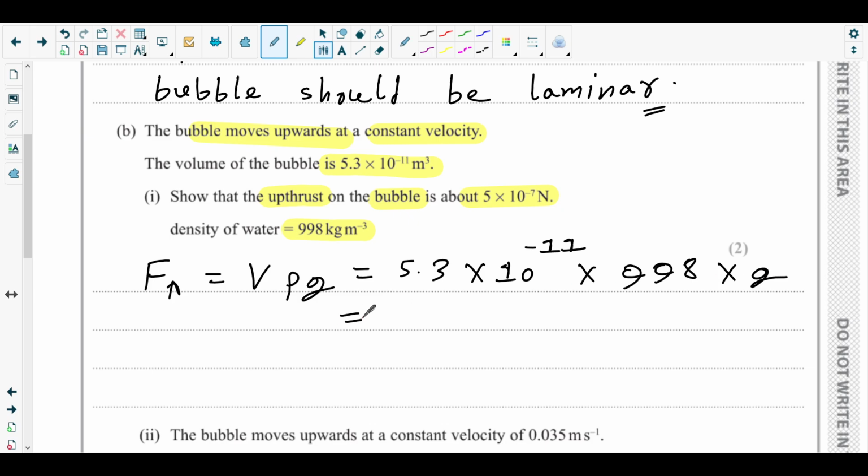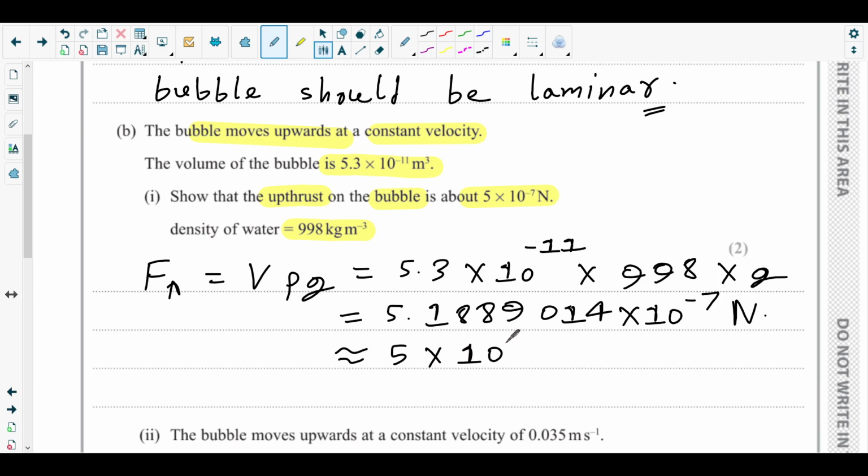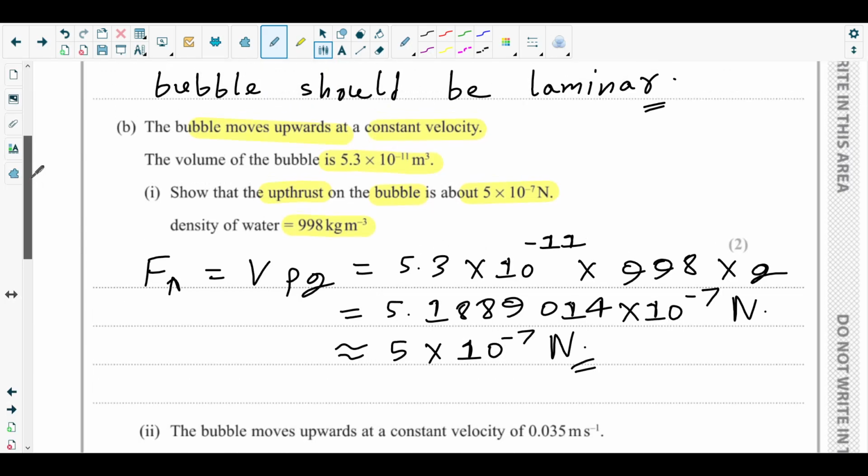So 5.3 times 10 to the minus 11 times 998 times 9.81 gives 5.1889014 times 10 to the minus 7 Newton. It's a force, so it should be in Newton. We can write it as 5 times 10 to the minus 7 Newton. That's it, showed. So we got the upthrust.